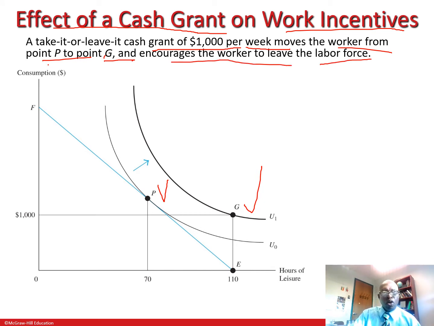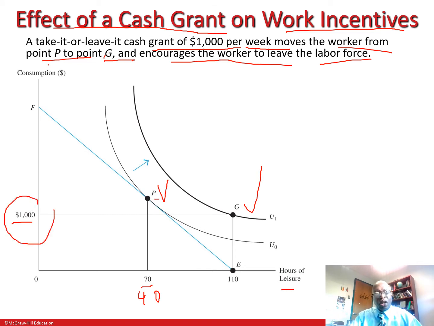Before the $1,000 cash grant from the government, the worker will be consuming at point P, spending 70 hours on leisure time and 40 hours working.